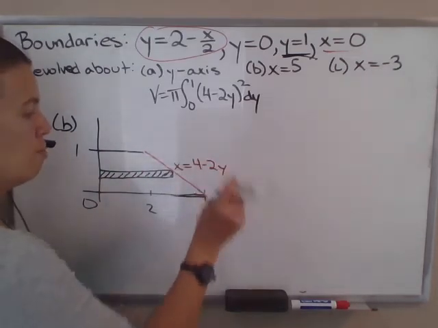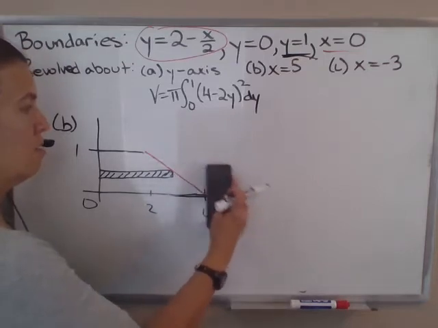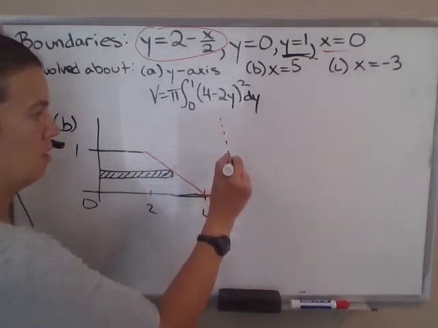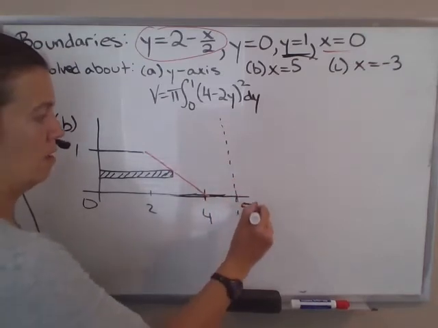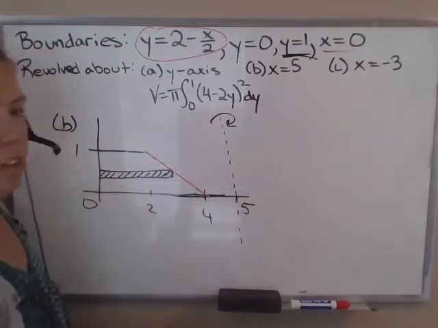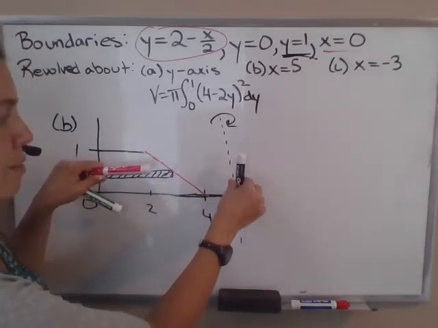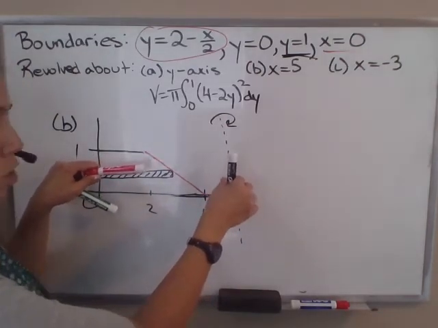Now it's revolved about the line x equals 5, which is over here. So still, the rectangle is perpendicular to the axis of revolution. So this is still disk or washer method.